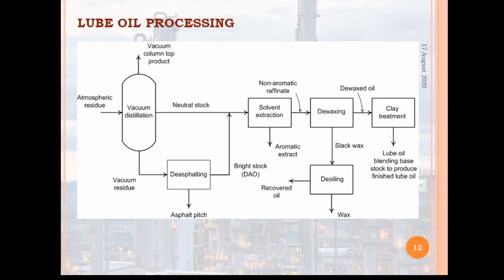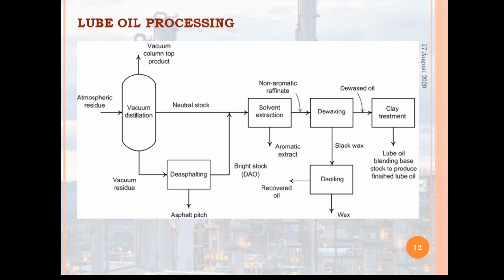Whatever dewaxed oil is produced from the dewaxing process is further treated with clay for producing the lube oil, and the slack wax from the dewaxing process is sent to the de-oiling process to separate the recovered oil and the wax.